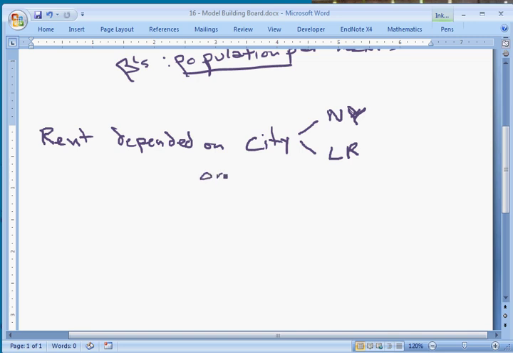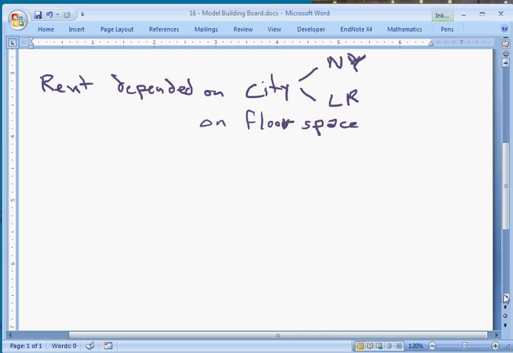It also depended on floor space, right? Clearly, it might depend on other things, but we can just look at these two things, right? And there are lots of ways to try to posit, by posit I mean to assert, to claim that these things are related, and that's what I'm going to try to show you here, right? So we want to know about rent, right?